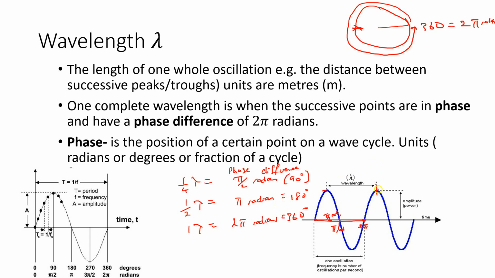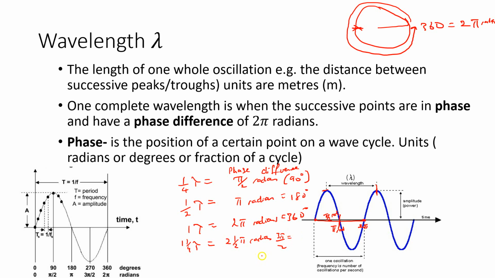If we continue up to this point, then we're going to have 1.25 wavelength, and that will translate to pretty much 2.5 pi radians in terms of the phase difference. But this can also mean 3 pi divided by 2. We can put it in mixed fractions, improper fractions, and it continues like that.